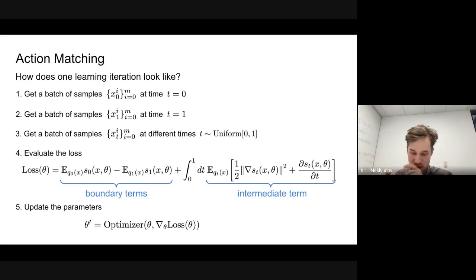But I'm trying to say that restricting your path in terms of distributions between the target data and the prior might not always be favorable for generative modeling.